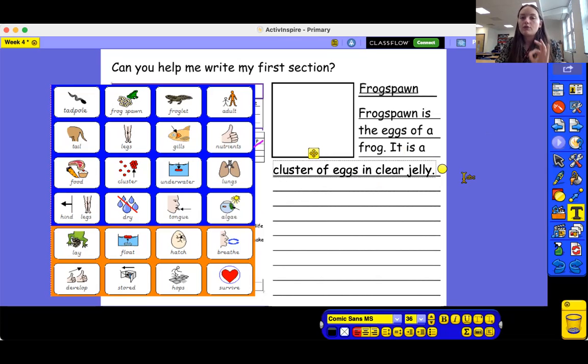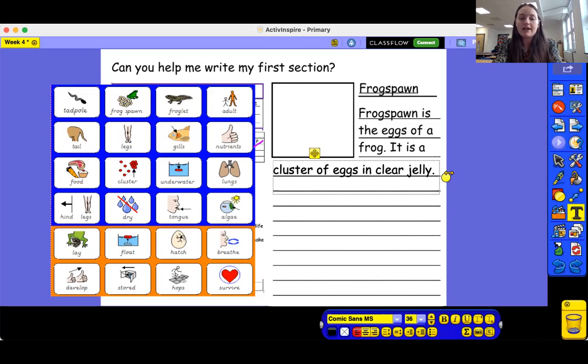Right, I'm going to read it through just to check that I'm making sense so far. Frog spawn is the eggs of a frog. It is a cluster of eggs in clear jelly. Great so far.